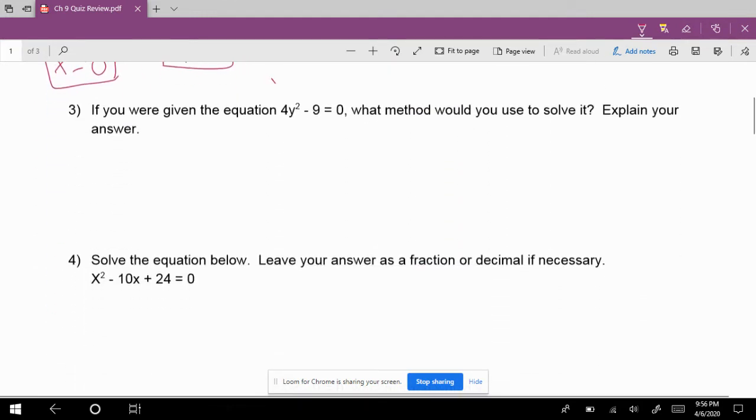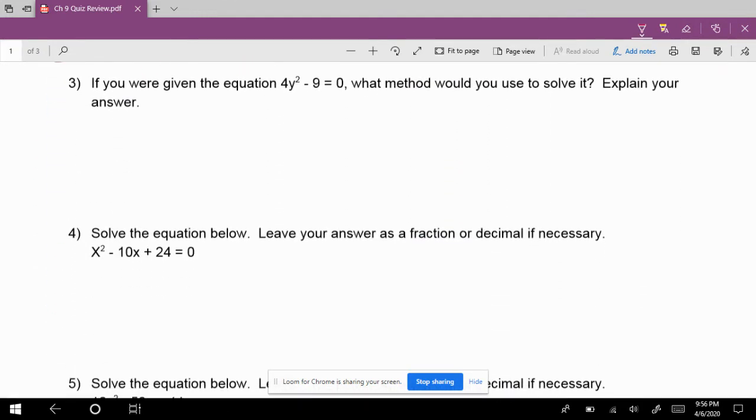For number 3, there's lots and lots of different ways you could answer this, and we're looking for your opinion. So given 4y squared minus 9 equals 0, what method would you use to solve and why? Personally, I would use the square root method because there's no b term. That's me.